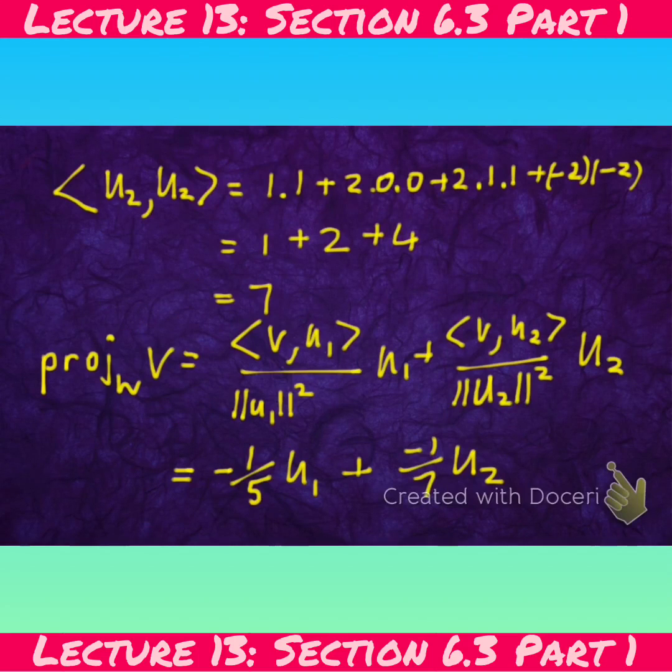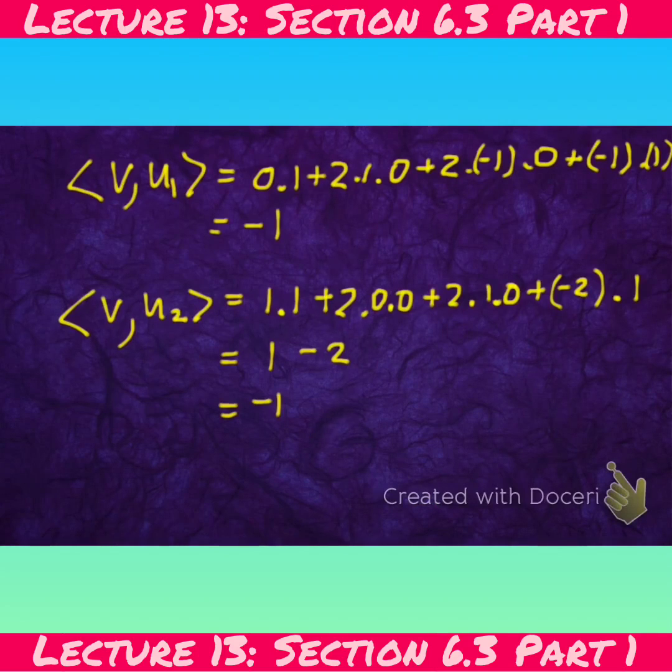So plugging that in, for the projection of V onto W, we have to calculate those terms, but we can plug them in. We work them out as 7 and 5 respectively. Now, if we take the inner product of V with u1 and the inner product of V with u2, that works out to the given terms.